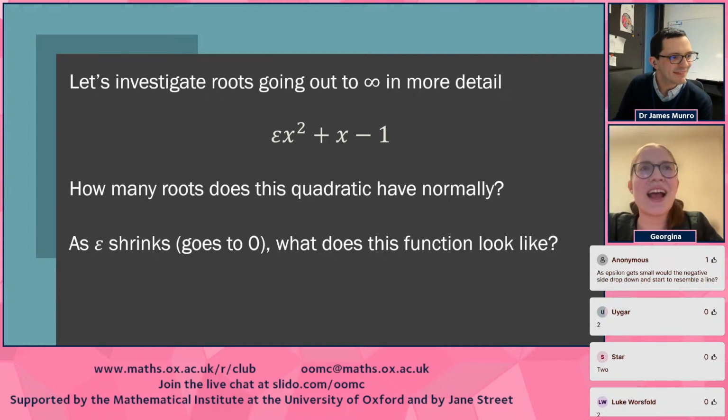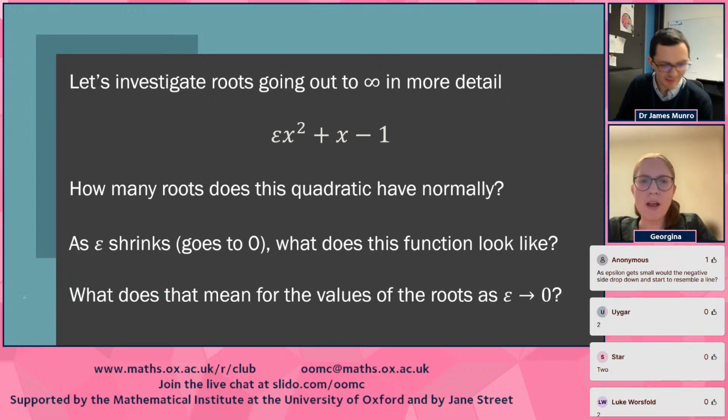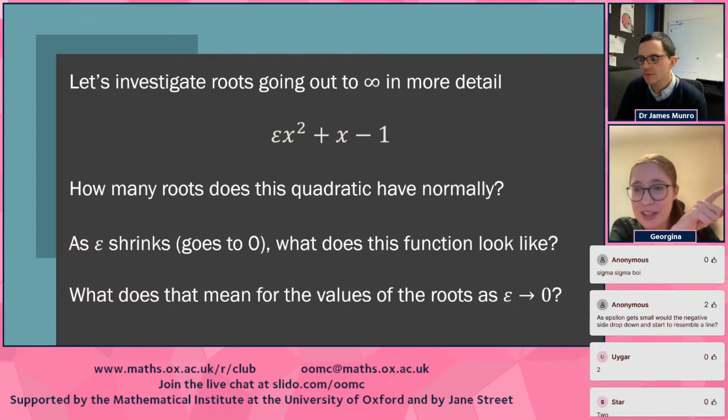And so if we go to our next question, if we're going from epsilon x squared plus x minus 1, our lovely little quadratic, and we're going to send epsilon to 0. So this means that on our little decimal slider, where we see epsilon arrow 0, we're going to pull our epsilon to the 0 side of the slider. What's going to happen to that root out on the negative side? What's it going to do?